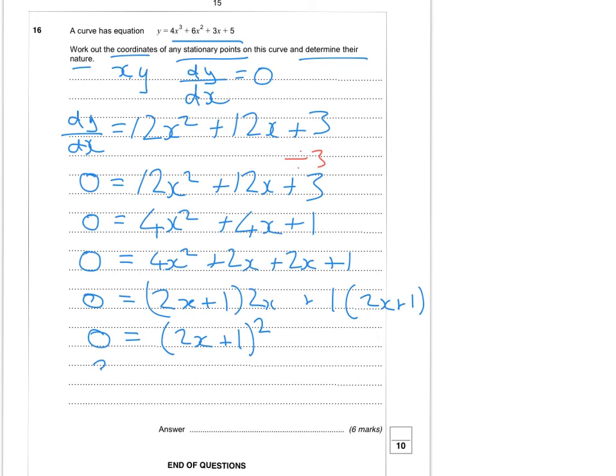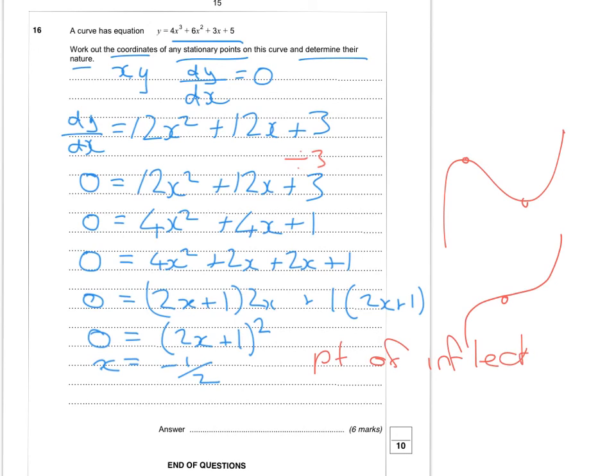So x is equal to negative 1/2. Because there's only one stationary point, we're not talking about a maximum and a minimum, but a point of inflection. So it is a point of inflection. It has only one.